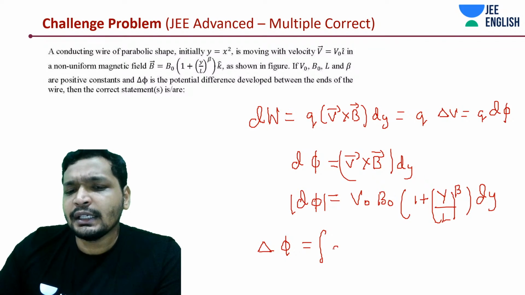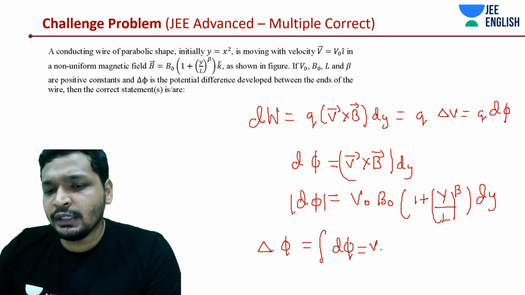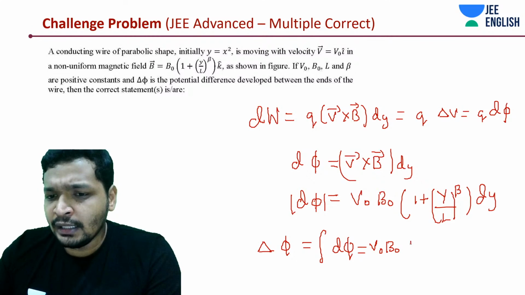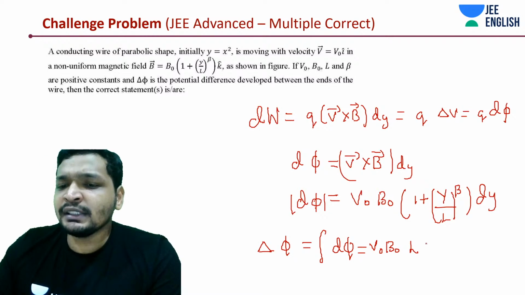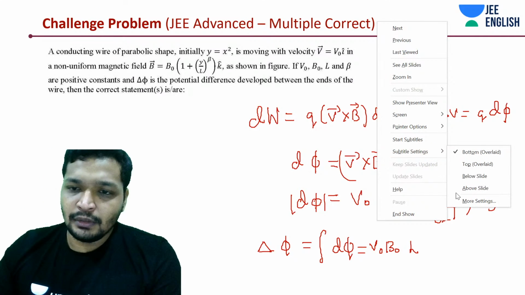Basically integrate it. If you integrate this, what would you get? V naught is constant, take it out. dy is going to give y, but let's do it properly.